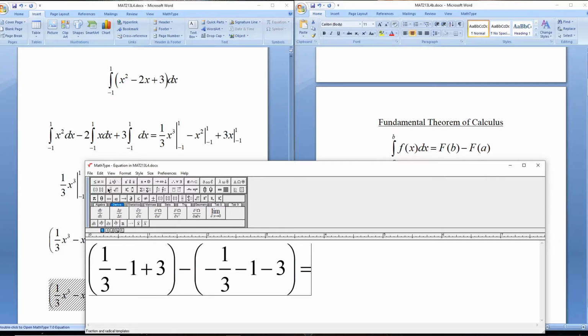So what do we have here? Well, we've got 1/3 minus 1 plus 3. And then we're going to have the negative of all that. So we'll have minus a negative 1/3 to get us a positive. Negative times a negative gets us a positive 1. And negative times a negative gets us a positive 3.